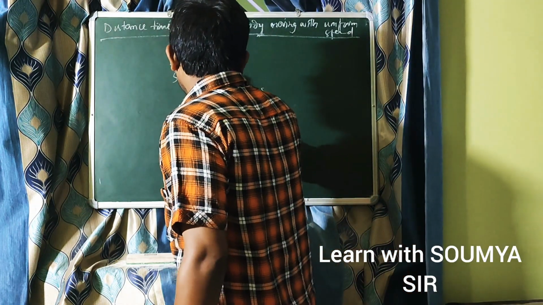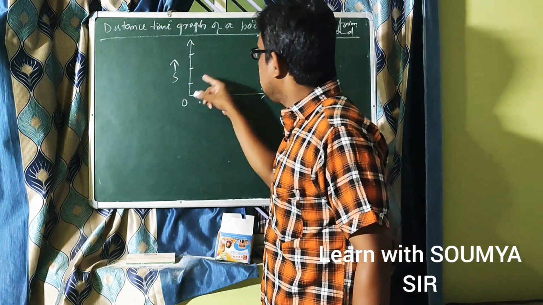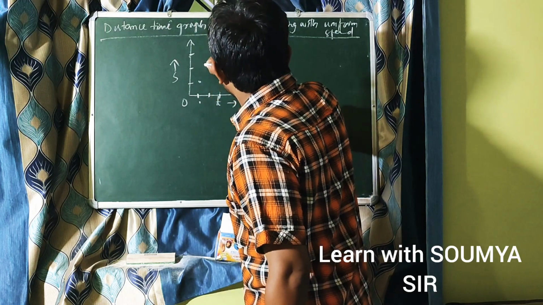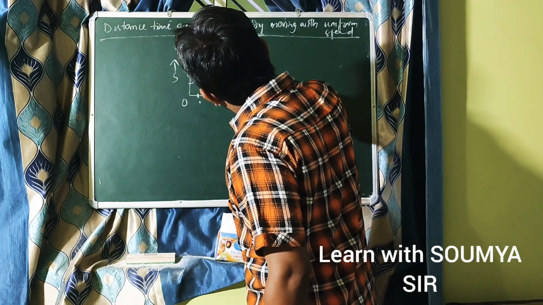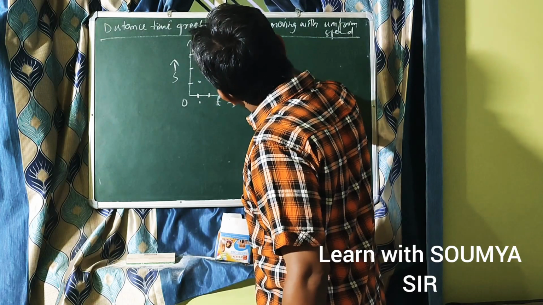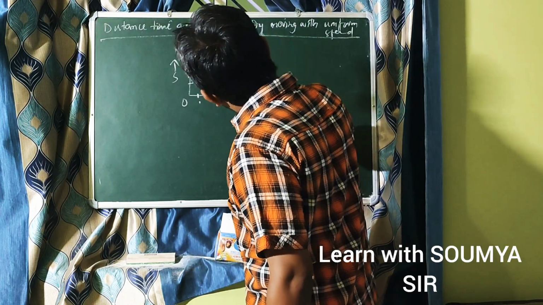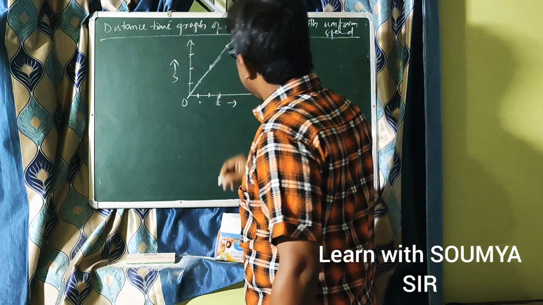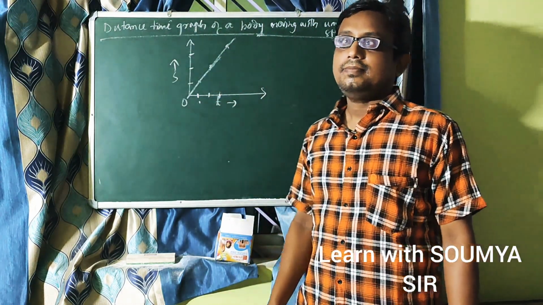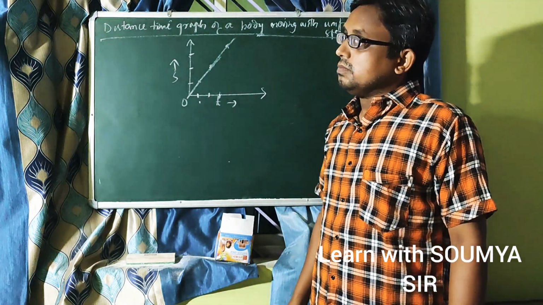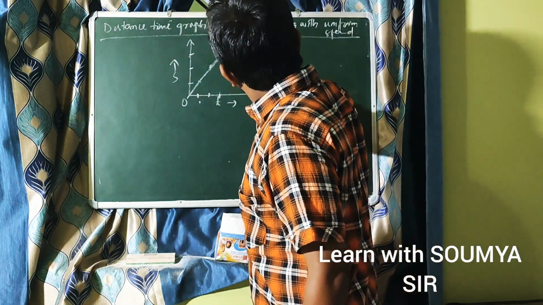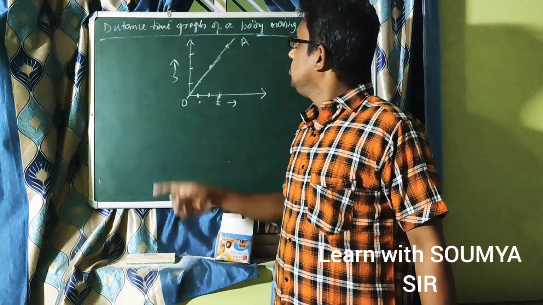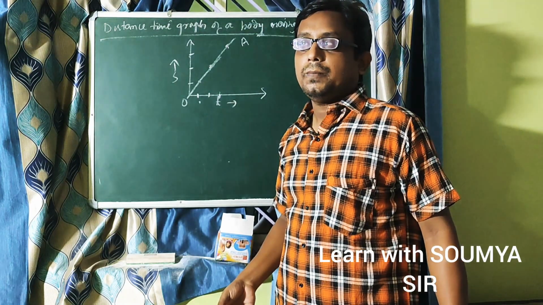Now see here, in 1 second this 2 meter. So the point will be here, this point will be here, and this point will be here. If I join these, it will be a straight line passing through the origin. So this is O, this is A. This OA is the distance time graph of a body moving with uniform velocity.